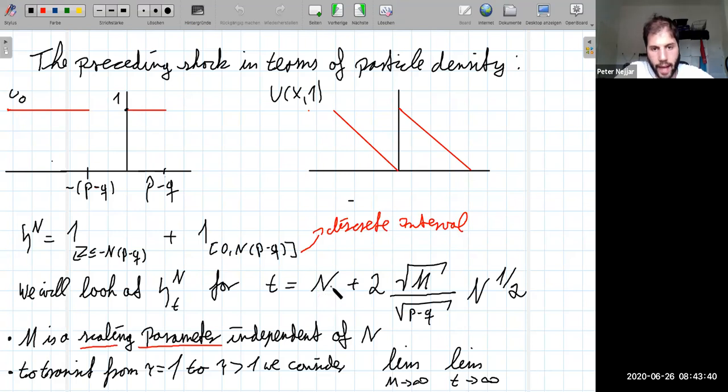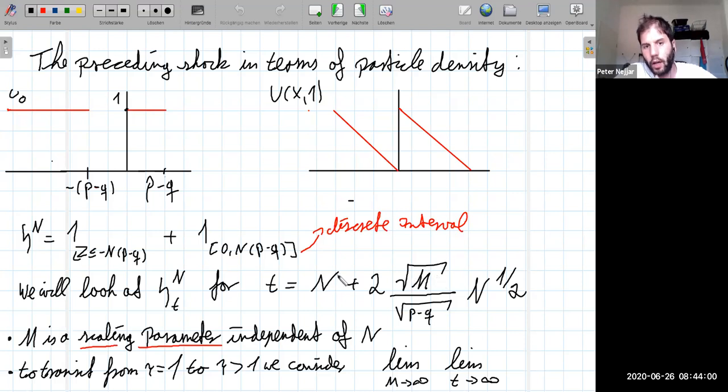We'll look at the time n plus a critical parameter, which is 2 times square root of m divided by square root of p minus q times square root of n. And this parameter m here, that is our scaling parameter, which is independent of n.